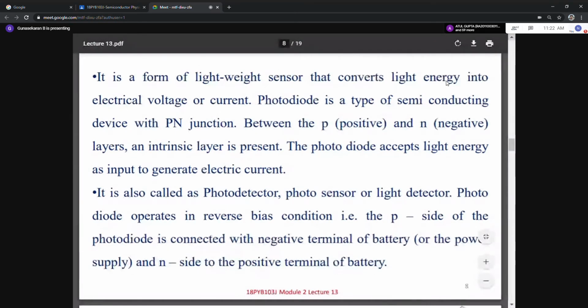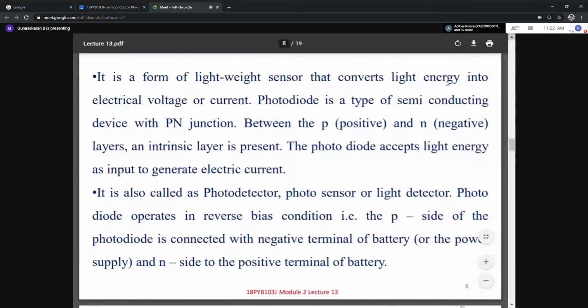That means P is connected to negative and N is connected to the positive terminal. See here, the P side of the photodiode is connected to the negative of the battery and the N side to the positive terminal of the battery. In that condition, it converts light energy into useful electrical energy.